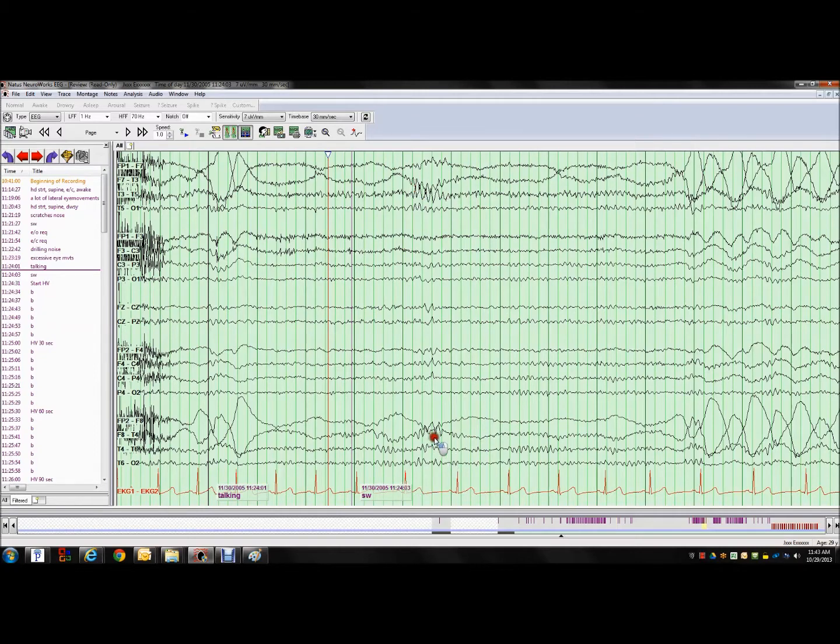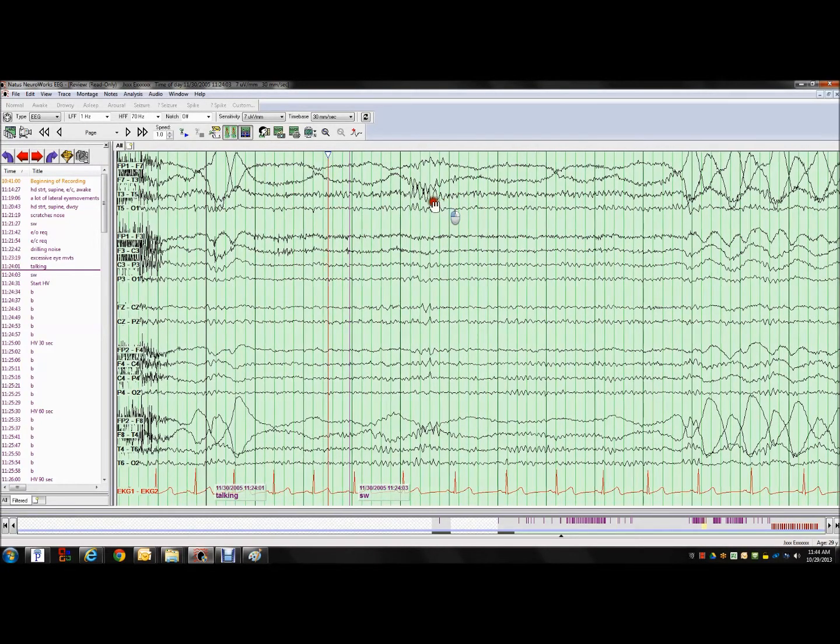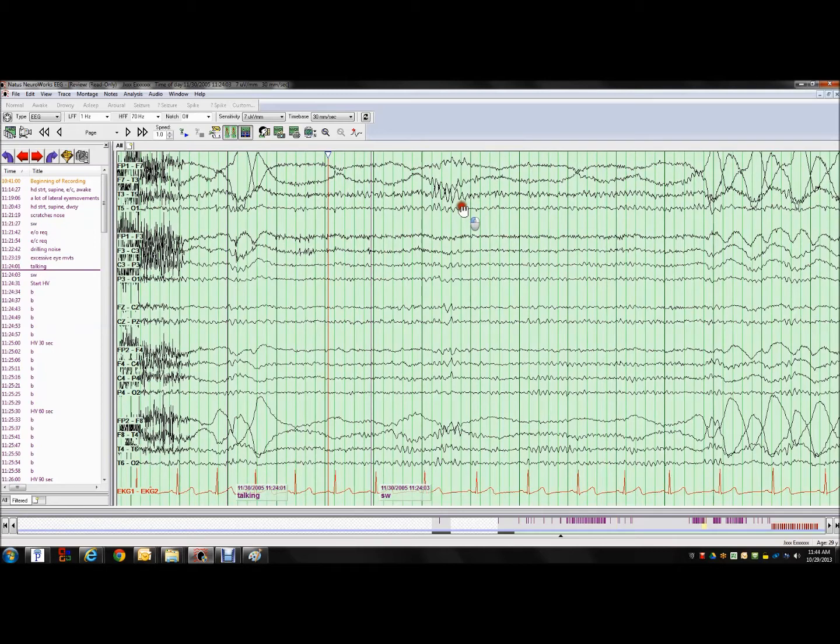If they're phase reversing around the mid-temporal region, and there's no slow wave following them, and they only come in a run of 1-2 seconds max, then they're wicket spikes, and they're a normal variant. Okay, so you can impress your fellow colleagues and your doctors by putting that in your tech report.